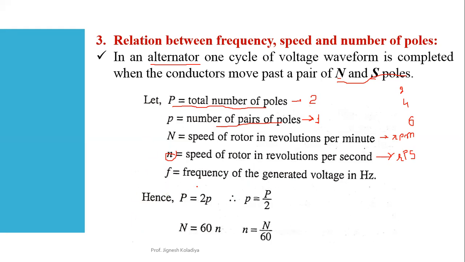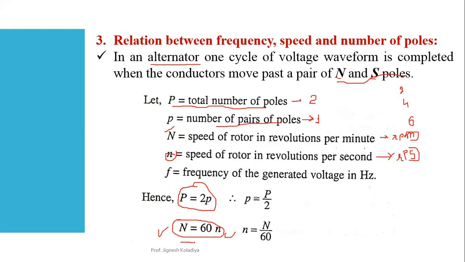Then, as I told you, P is 2 times the pole pairs, and the relation between N and small n, that is rpm and rps: N is equal to 60 times small n, because one is per minute and the other per second, and in 1 minute we have 60 seconds.